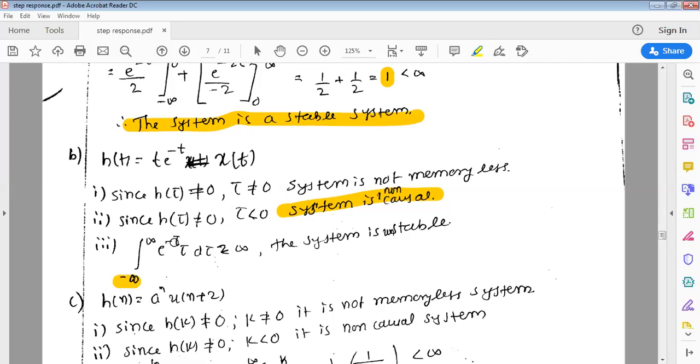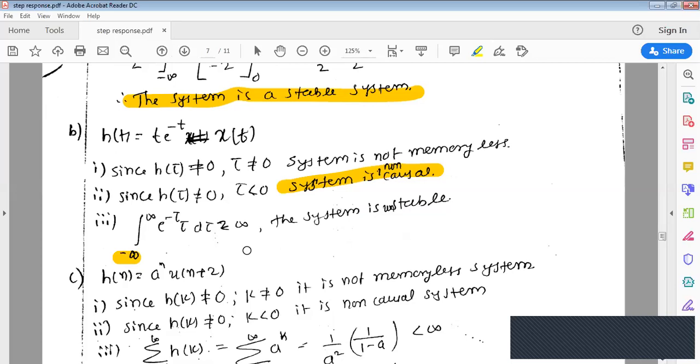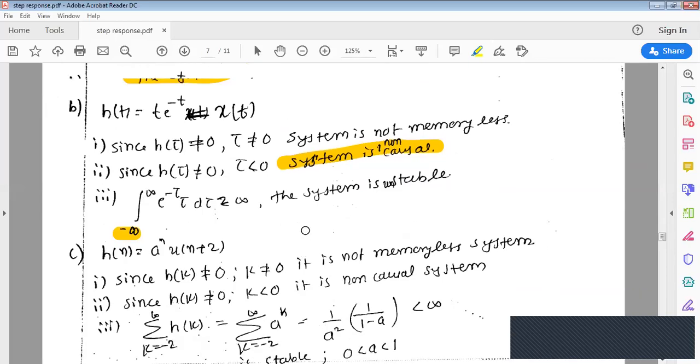So e power infinity will become equal to infinity. Therefore the system is unstable. Even if for one value the output is infinity, the system is said to be unstable. Okay, this you have to test. That's why we have tested from minus infinity to plus infinity.